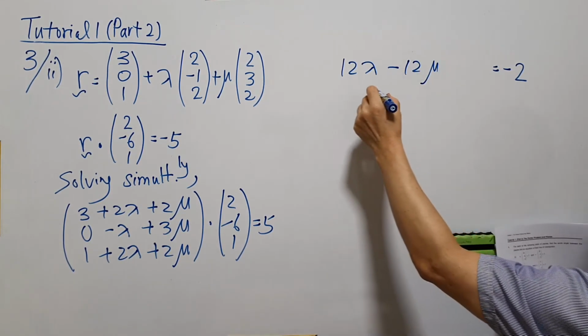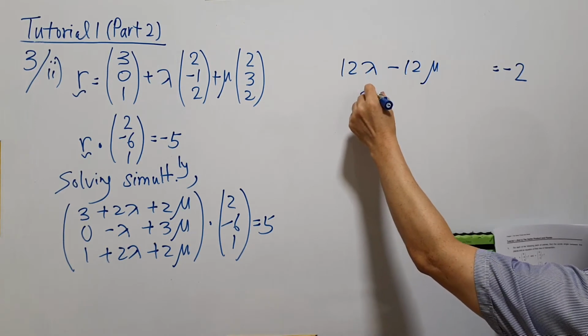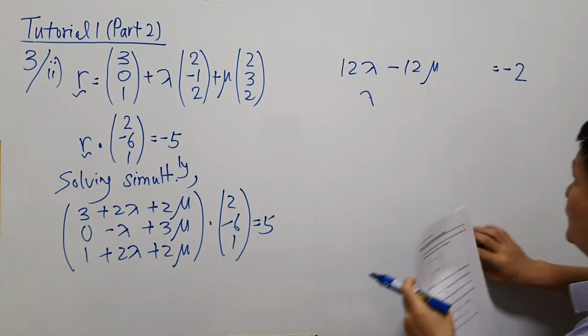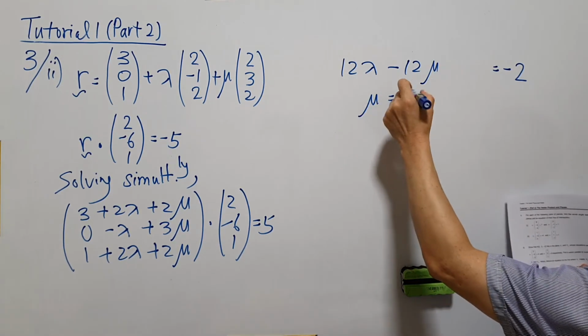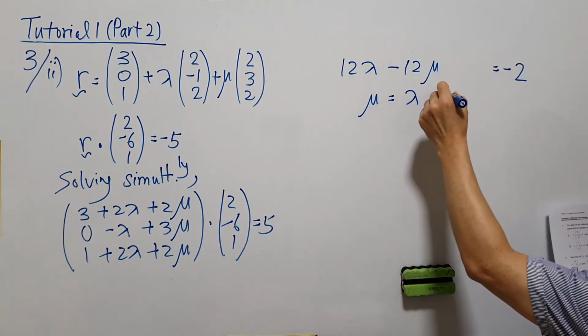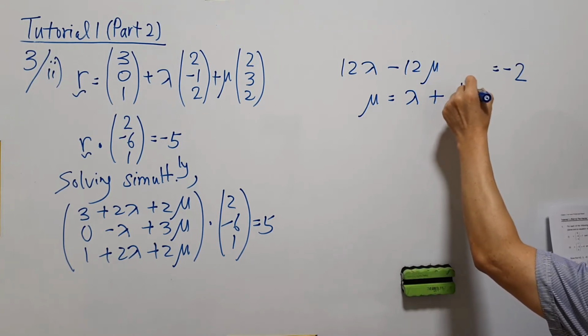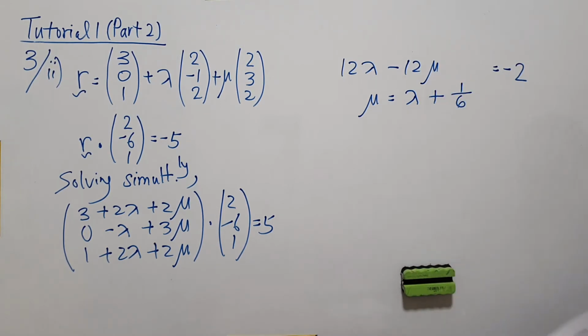Okay, so there you are. What you have here is mu equals to lambda plus 1 over 6. Okay, let me check my calculation first again. Maybe I should check that I copied the equation correctly. 3, 0, 1, 2, minus 1, 2, 2, 3, 2.